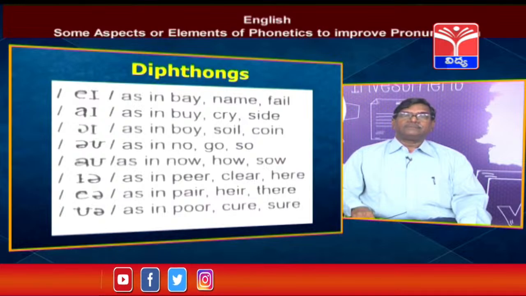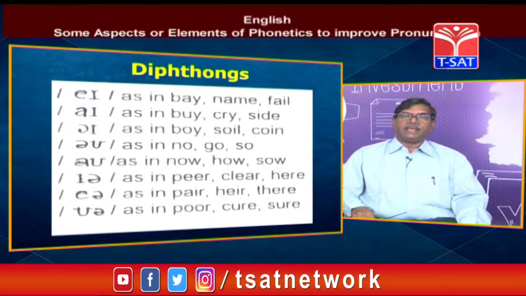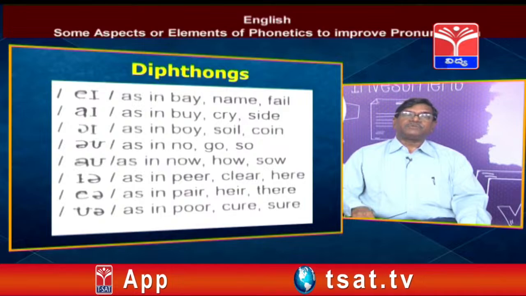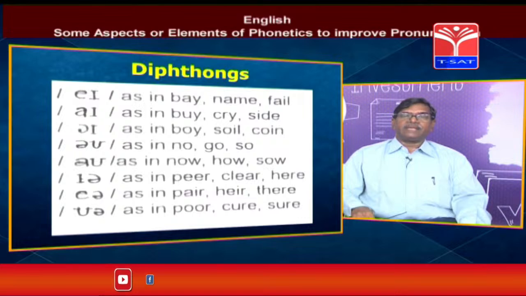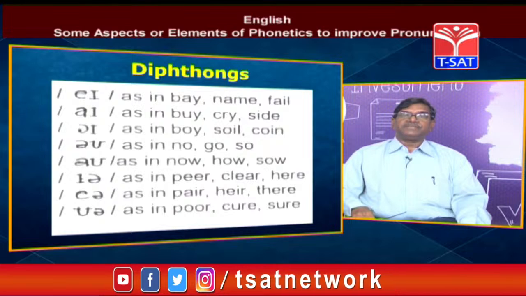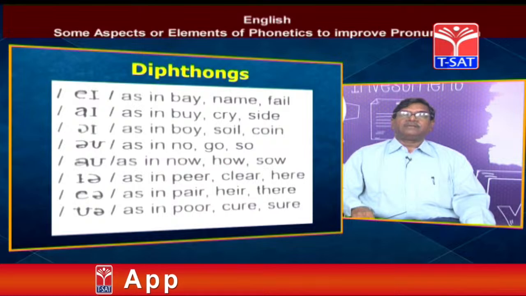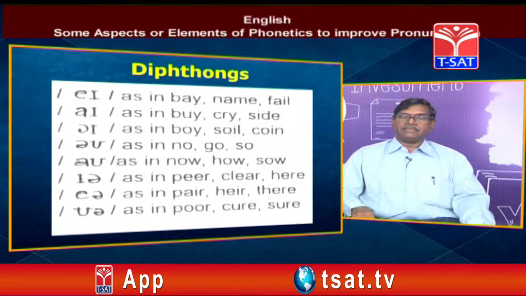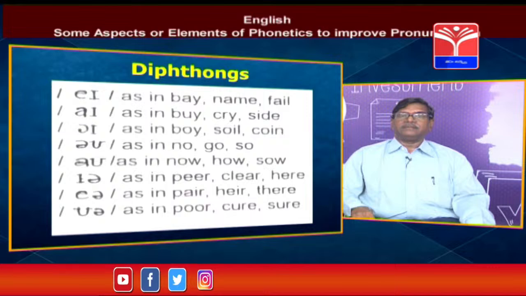When we utter the word bay, name, fail, it starts with the sound A and ends with the sound E: day, fame, game. In English, we don't have a pure A sound. Instead, bay, name, fail. It is a diphthong.